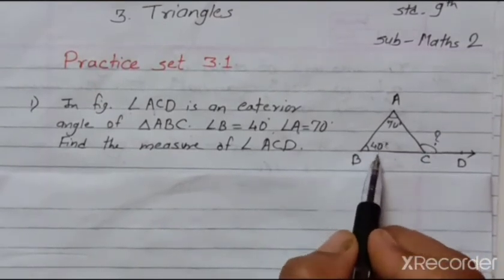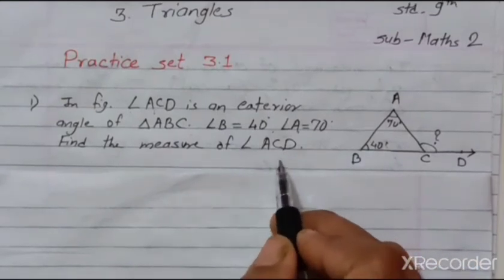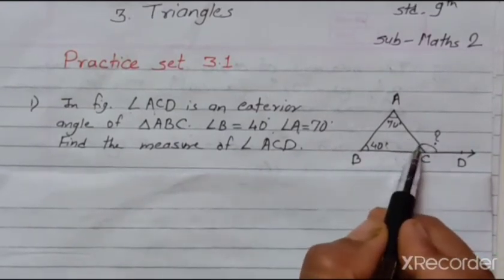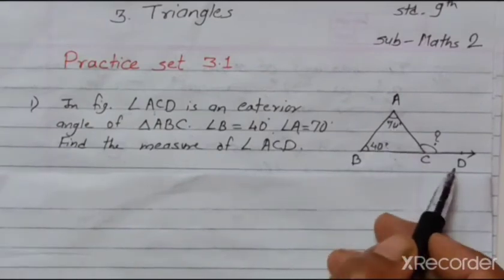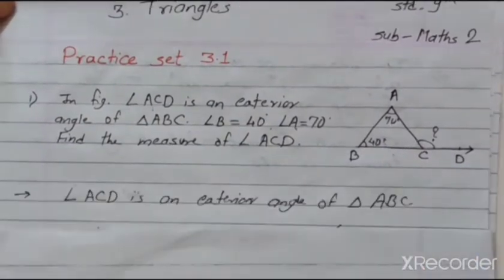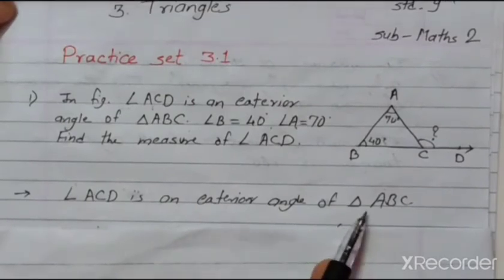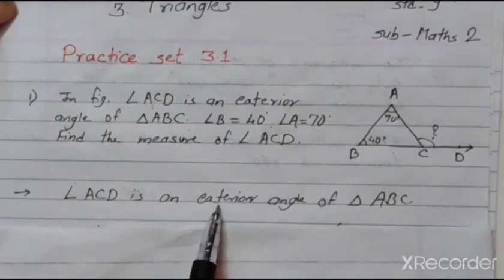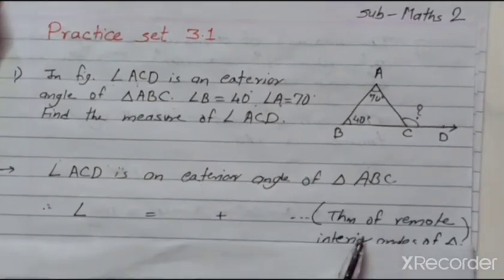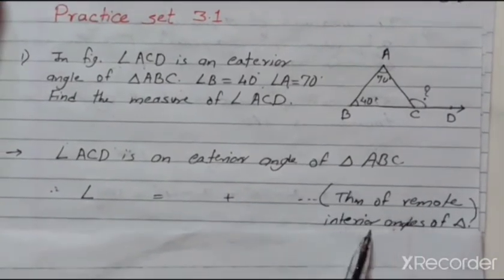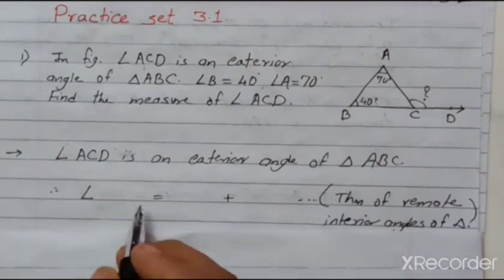So we can solve this question by using the remote interior angle theorem. You know that this angle ACD is an exterior angle of the triangle. Because it is an exterior angle, we can use the remote interior angle theorem.